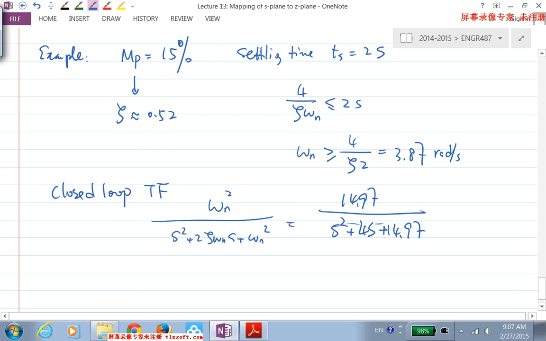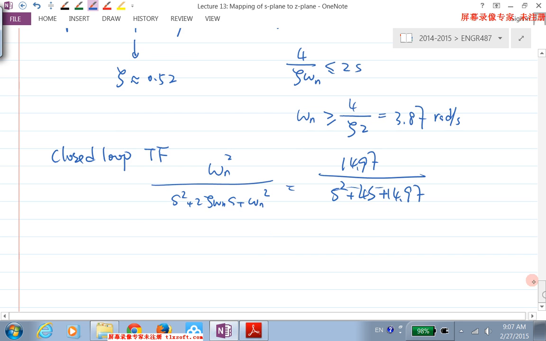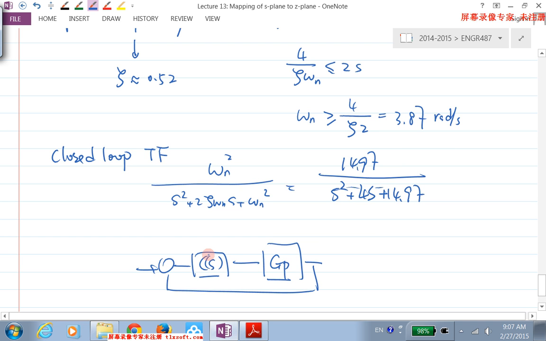Your closed loop system should have a transfer function close to this. If this is your plant and this is your control system, you design your control system such that the closed loop system is this. That's the basic idea of a control design.